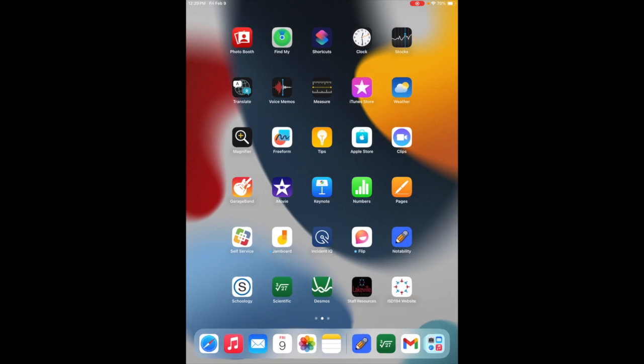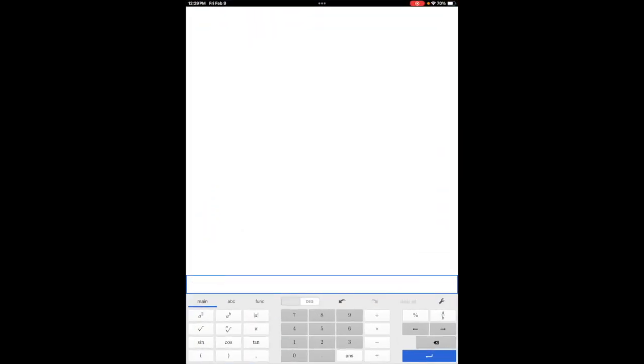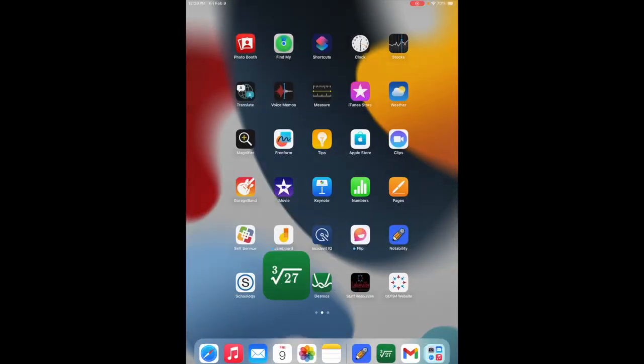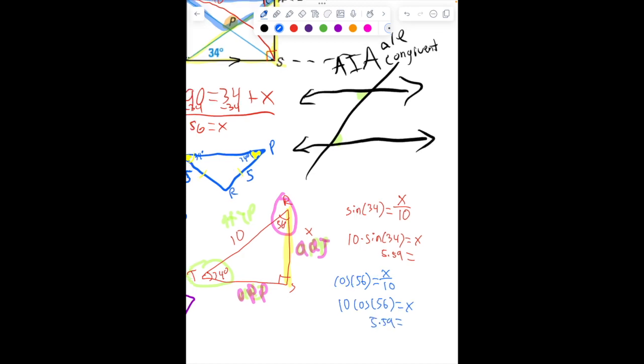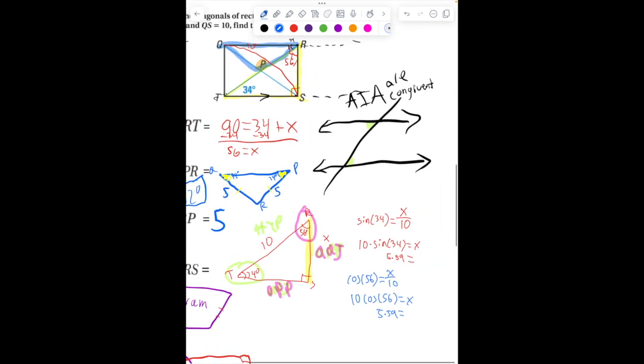When I plug that in, I get 5.59. So I was able to get the same answer twice. So what does RS equal? 5.59.